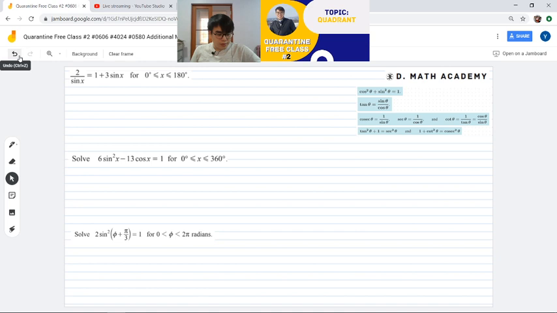Okay, so we should get 2 equals to sine x times 1 plus 3 sine x. So by multiplying your sine x into it, you get your result. Okay, you rearrange them, then you run the factorization.